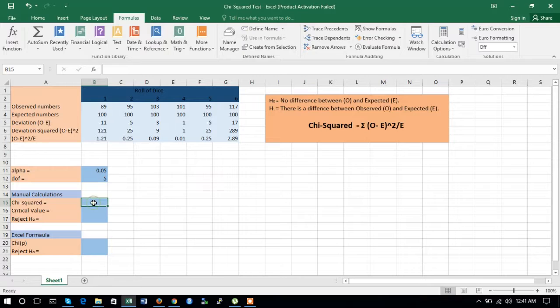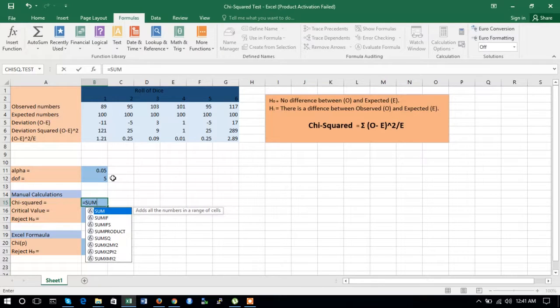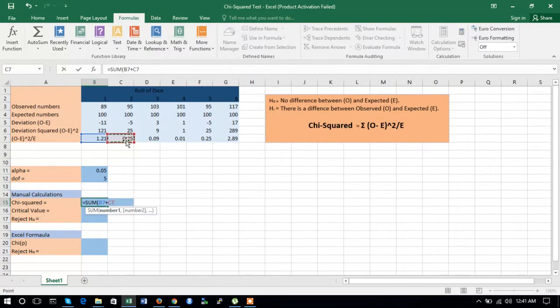So click over here, and you have to add all of these values, and that is our chi-squared value. This is the value of chi-squared, and it is the same value that we already have over here.